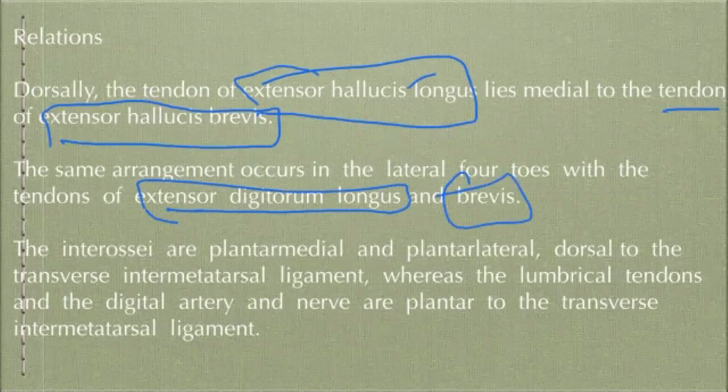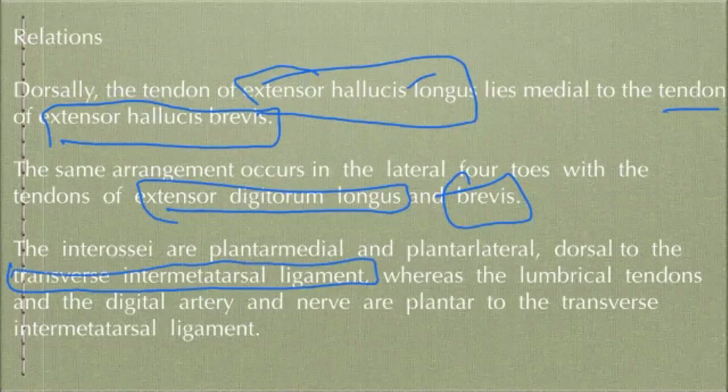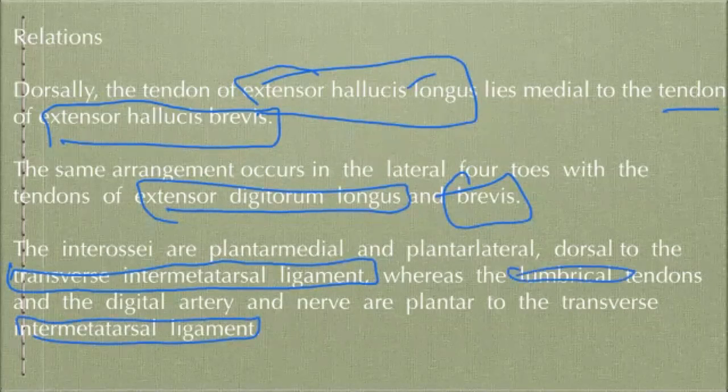The interossei, plantar and dorsal, are dorsal to the transverse intermetatarsal ligament, whereas the lumbrical tendons and the digital artery and nerve are plantar to the transverse metatarsal ligament. That means the transverse metatarsal ligament lies between interossei and lumbricals, right?